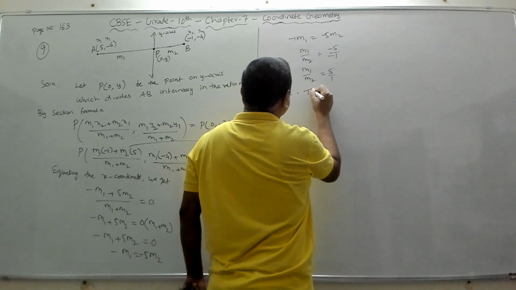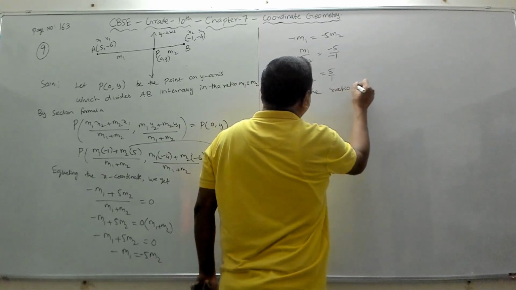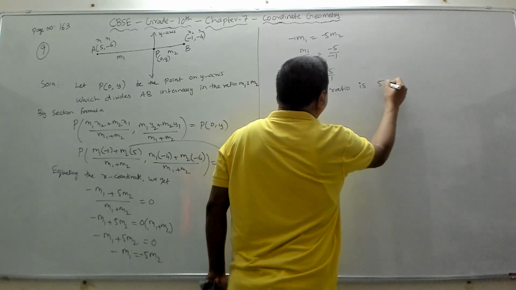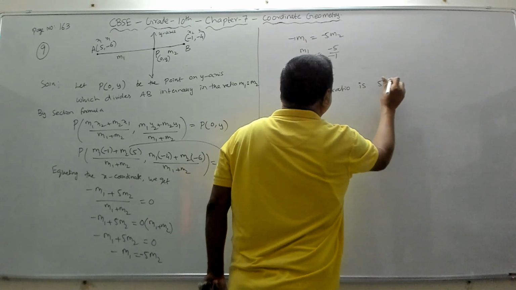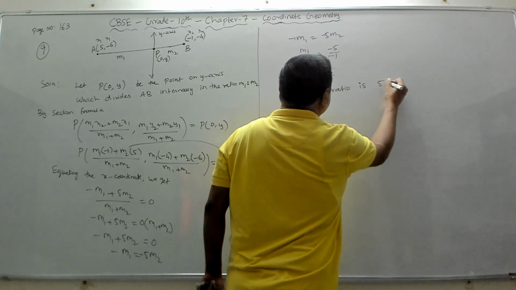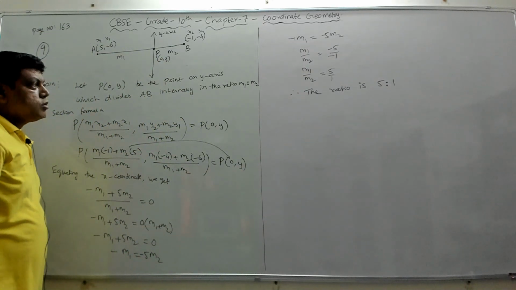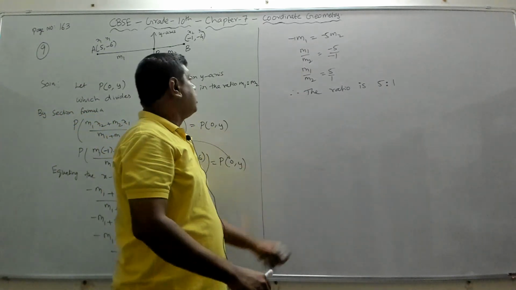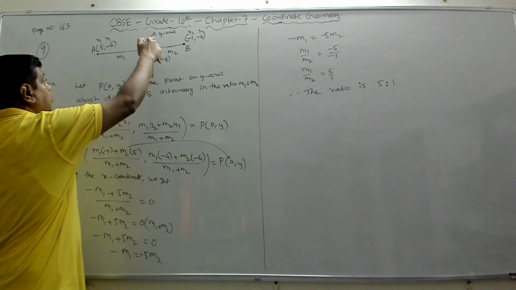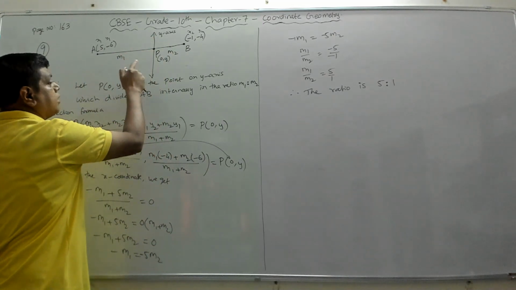Therefore, the ratio in which the y-axis divides AB is 5:1, because M1 by M2 is 5 by 1.